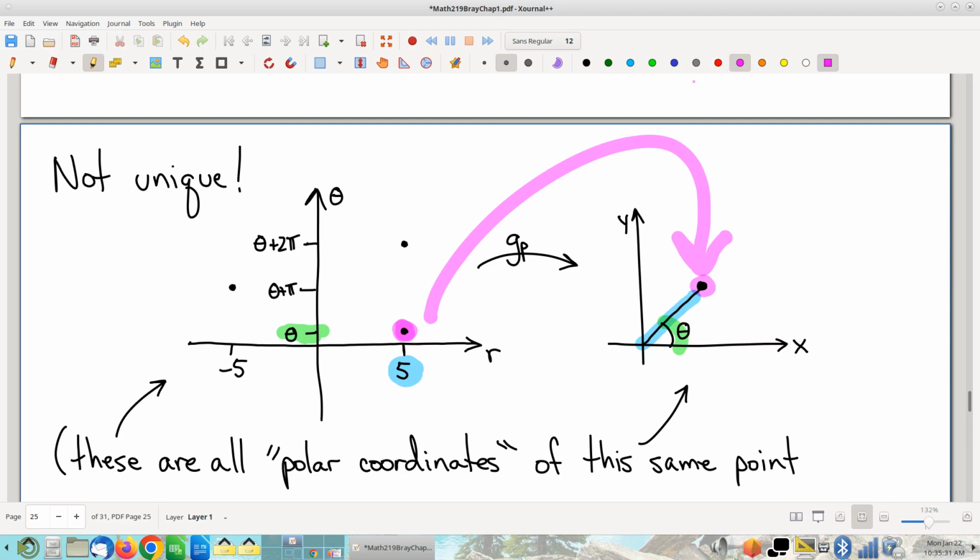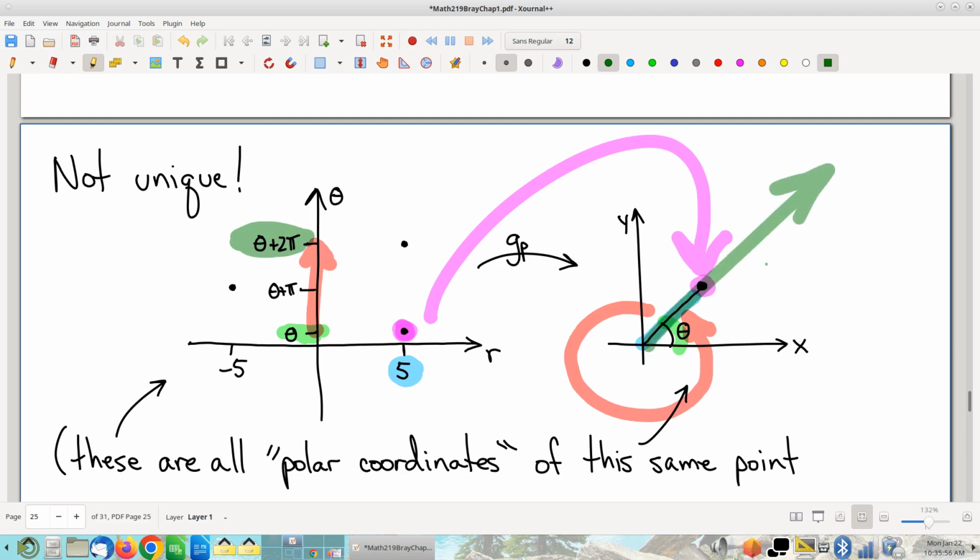This up here, where I add 2 pi to the value of theta. Now keep in mind, if you add 2 pi to the value of theta, that just means do a full turn. And the result then is, for this value of theta, it's technically not the same theta, but it does get me pointing in the same direction. And that'll get me to the exact same point.